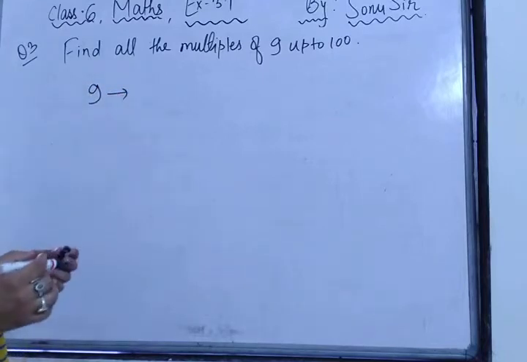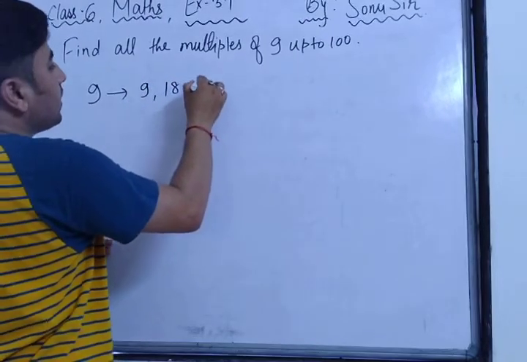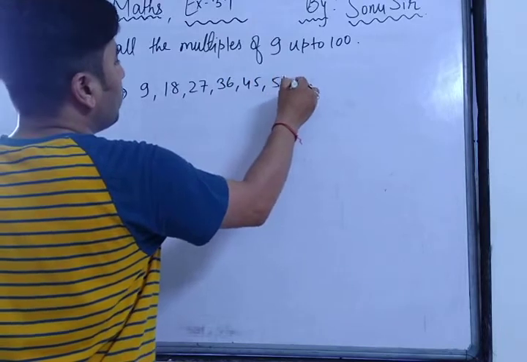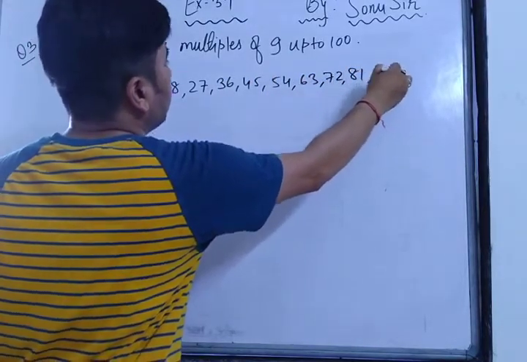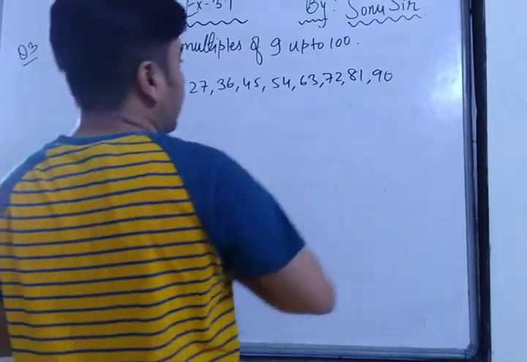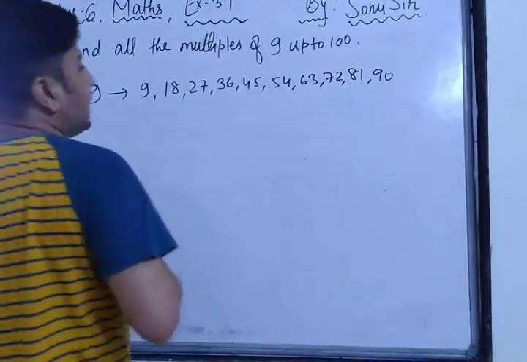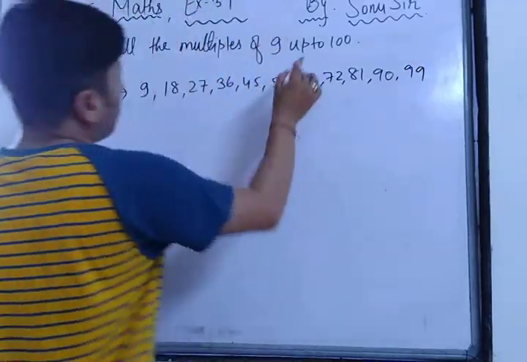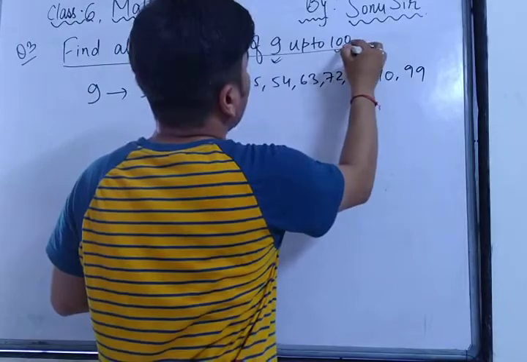Can you tell me the 9 table? 9 ones are 9, 9 twos are 18, 27, 36, 45, 54, 63, 72, 81, 90. Till here you know, right? But 11 nines are 99 and 12 nines are 108. So here till 99 we have to write, because it is up to 100.